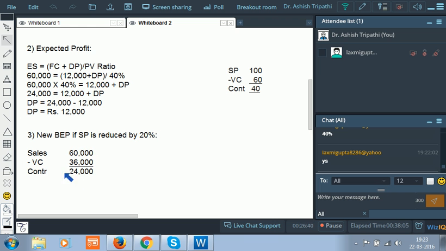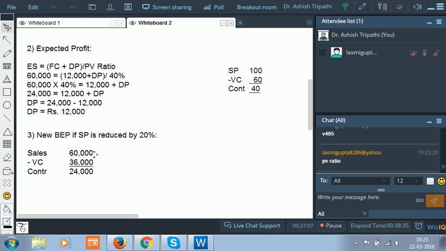This is how, if you calculate this, you will get PV ratio as 40%.